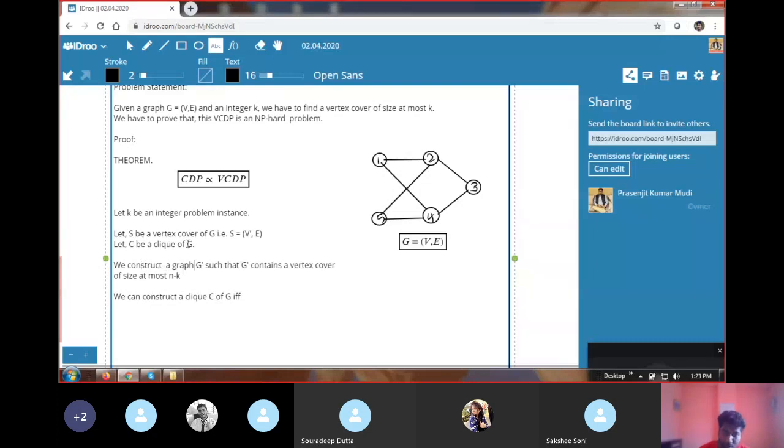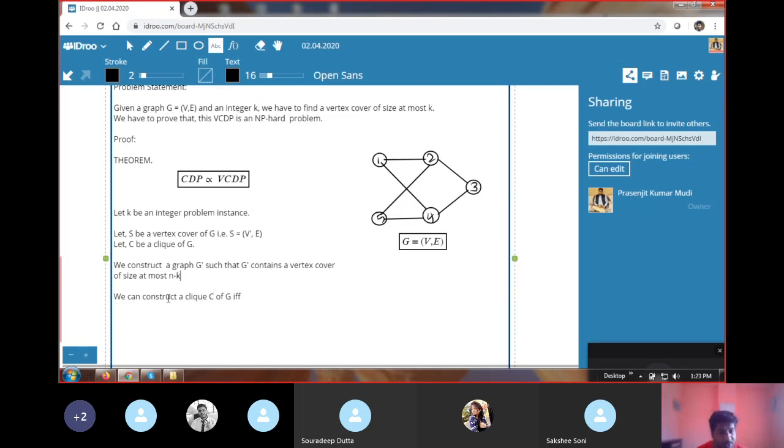Initially we assume that S be a vertex cover, V dash comma E, and C be a clique of G. I don't know its size. We will eventually find out the size of that clique. Then we try to construct a graph G dash, such that G dash contains a vertex cover of size at most n minus k.